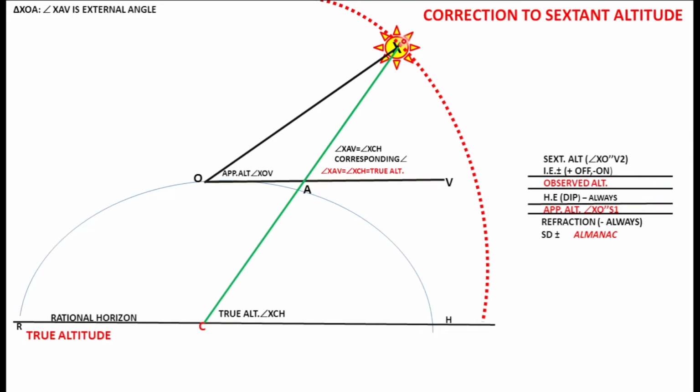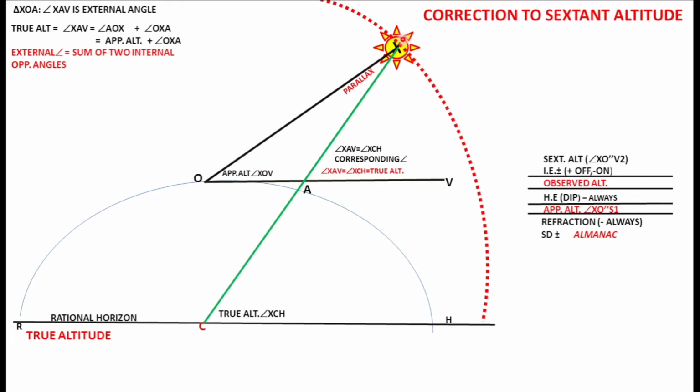Now if you consider this triangle here, XOA, this angle XAV is its exterior angle. And we know that the sum of the two internal opposite angles is equal to the external angle. So apparent altitude plus this angle is equal to true altitude. This angle OXA is called parallax.